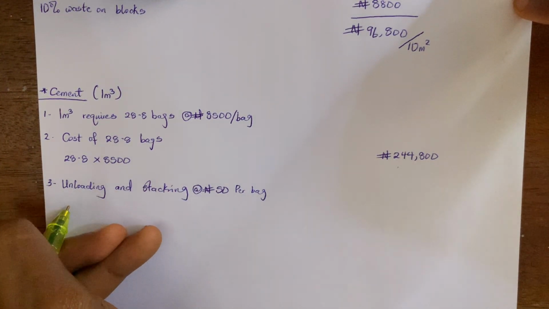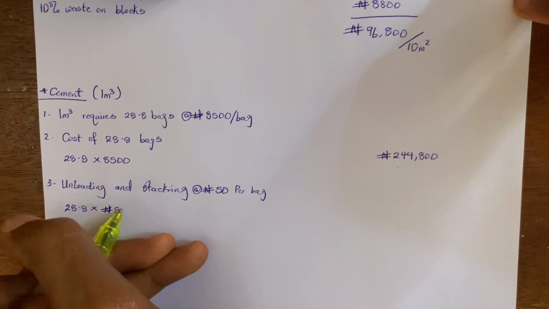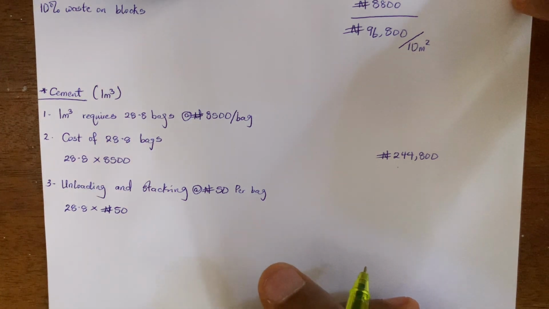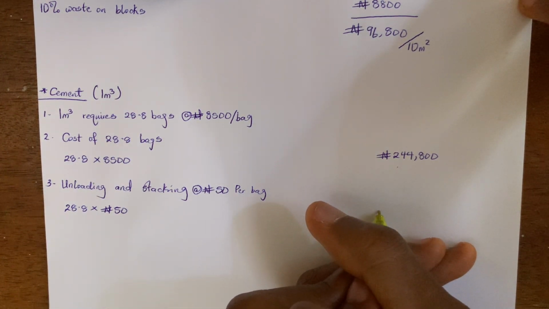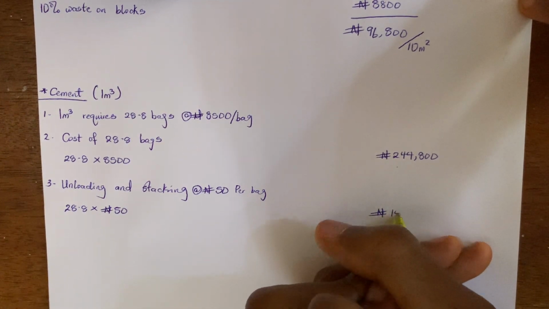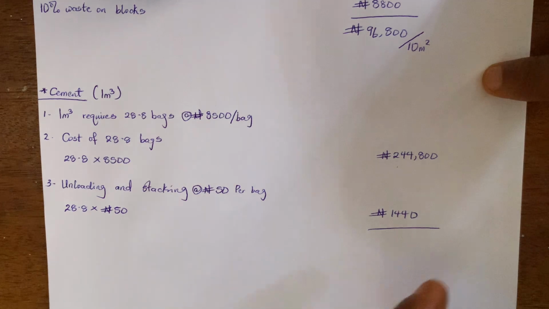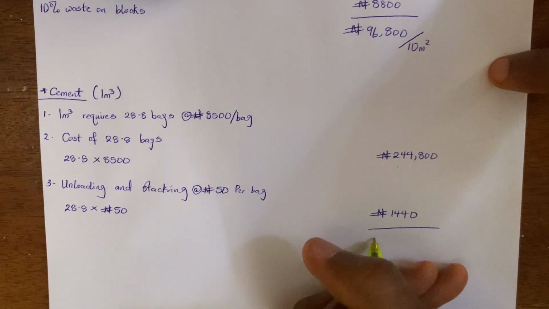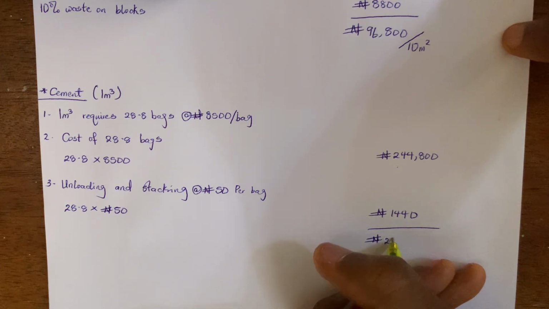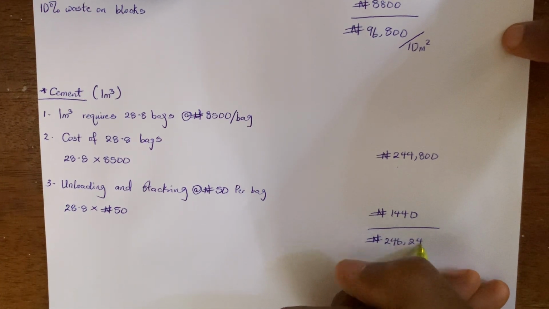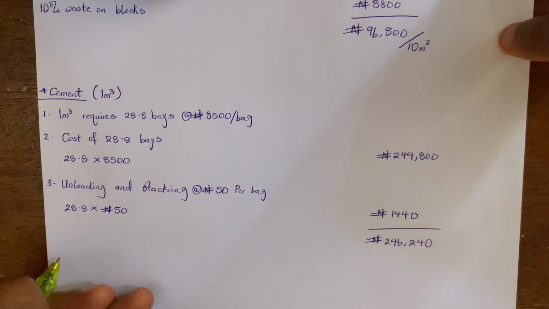So it's going to be 28.8 multiplied by 15 naira, and that is going to be equal to 1,440 naira. So when we add the two of them together, we're going to be having 246,240. So after doing this, we will now add 5% waste on cement.